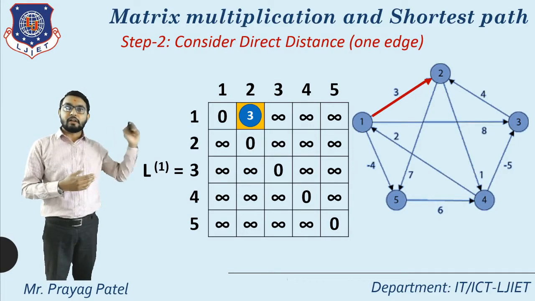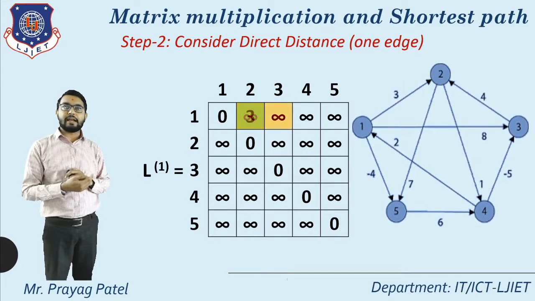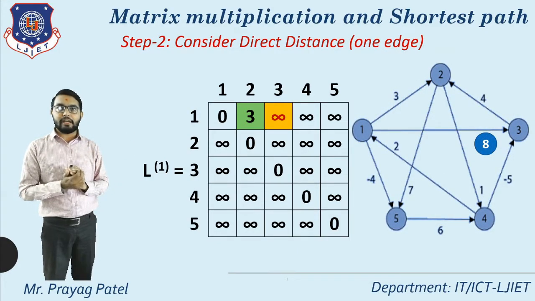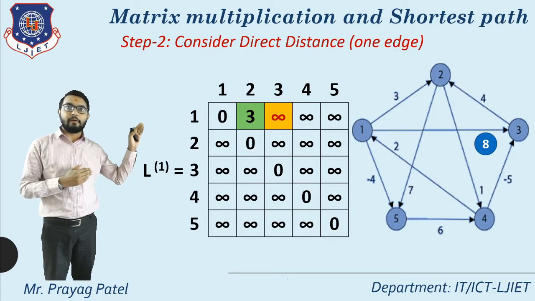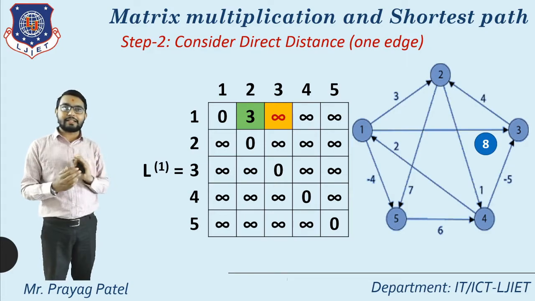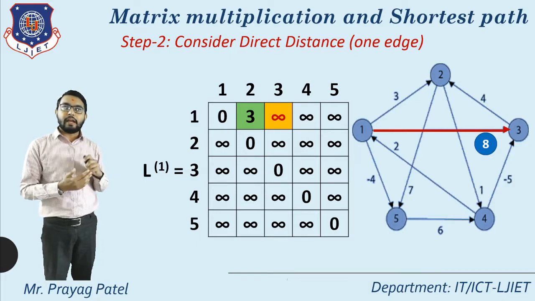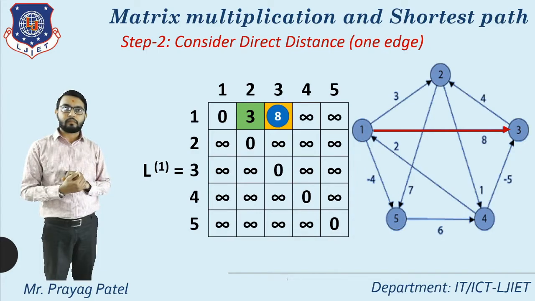Now next step, consider the next location row by row, meaning location 1,3. In 1,3, the given data is infinity. Now according to our formula, from node 1 to 3 is a direct distance available? Yes. What is the direct distance? 8. So consider this path from 1 to 3 and put the value 8 in our location 1,3.